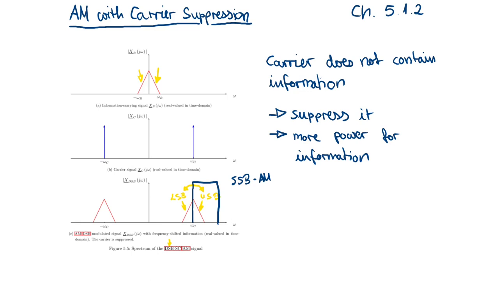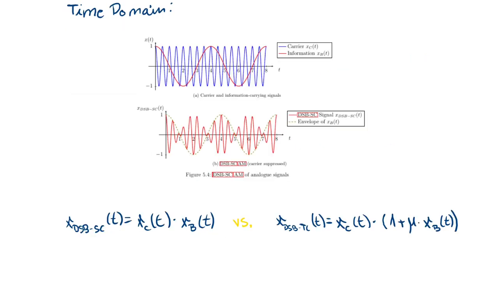So now you have an idea what it looks like in the frequency domain, and now let's switch to the time domain. Here again it's a plot of our carrier in blue and the information in red, and this was our mathematical description of the double sideband modulation with a transmitted carrier.